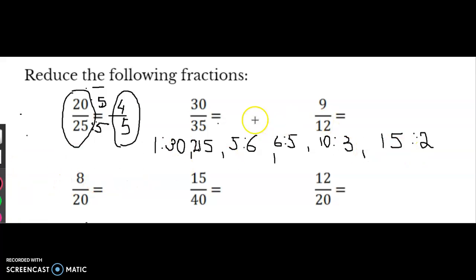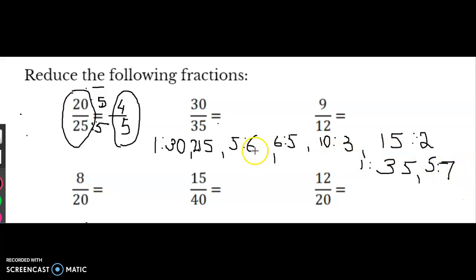So now let's find the factors for 35. So let's start. 35 divided by 1 is 35. 35 divided by 2, we cannot, by 3, by 4, no. 35 divided by 5 is 7. 35.